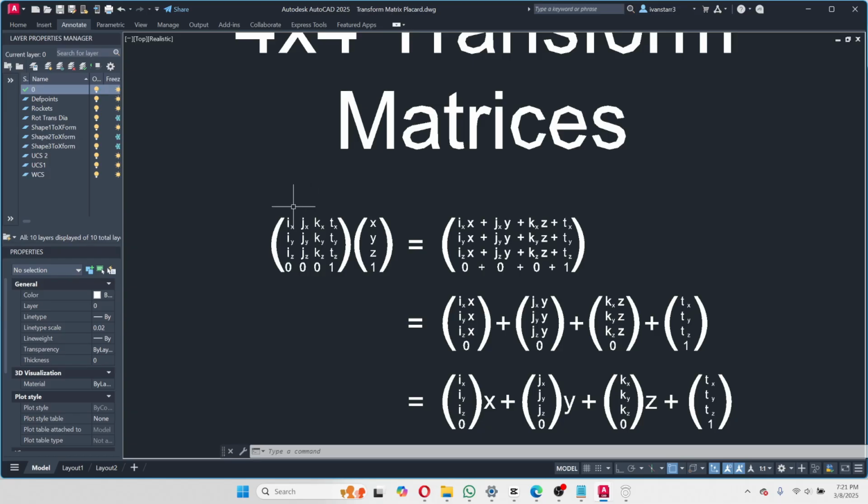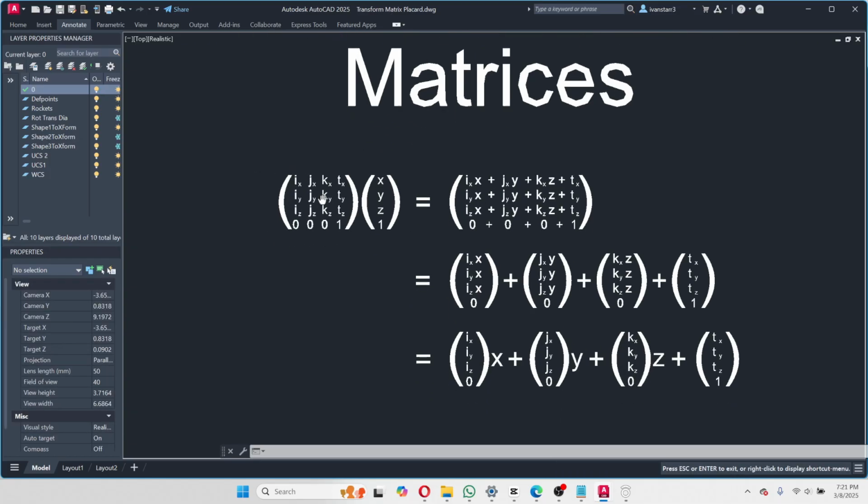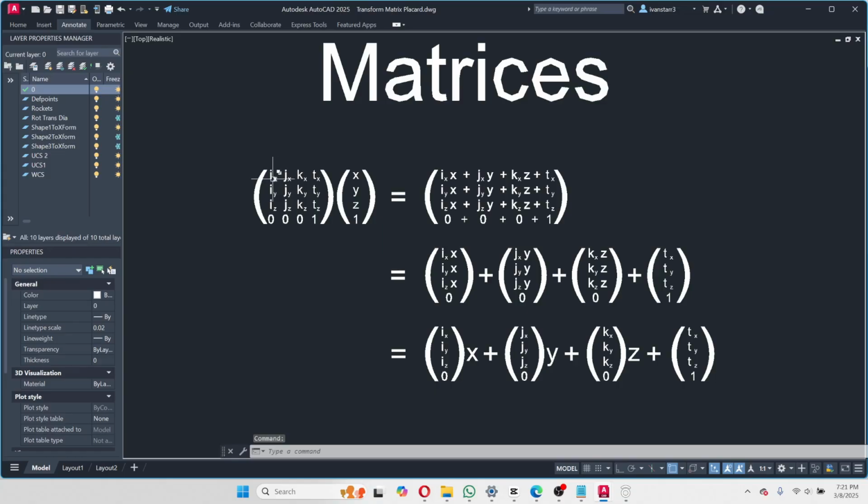And the reason why this works out so well is because if you do the matrix math, first you get this here, which is just the top row multiplied by this vector, followed by the second row and the third row and the fourth row.